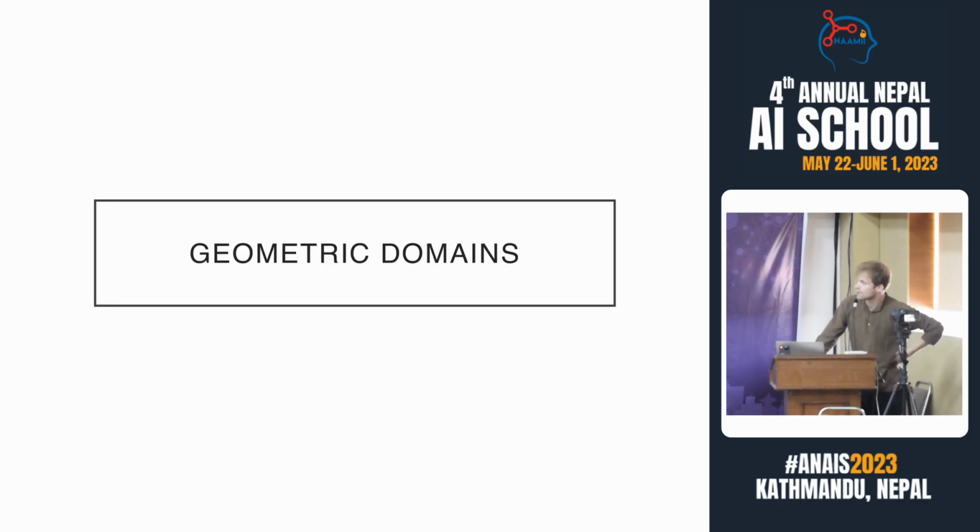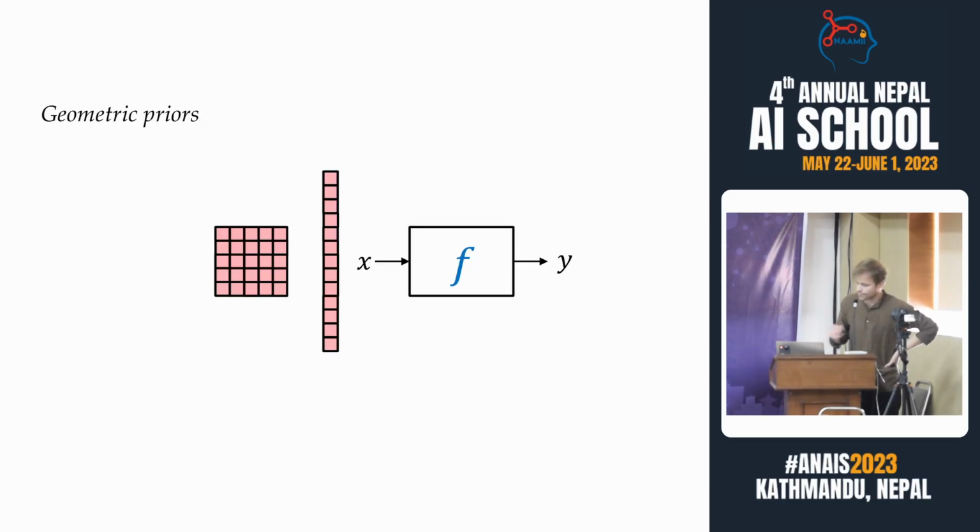Okay. So now we're going into geometric domains and geometric priors. You can see here there's a grid on your left. Often images can be thought of as a signal on a grid, right? One way you can do this is to flatten the image and feed it into a multi-layer perceptron or something.